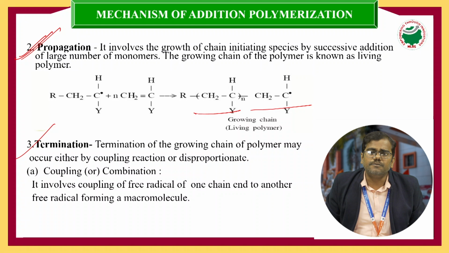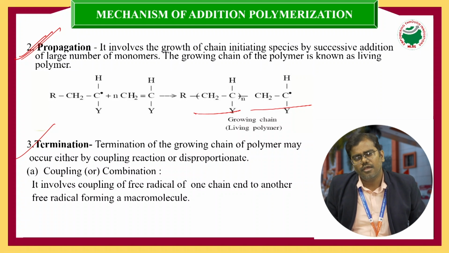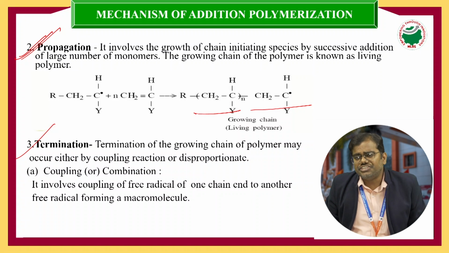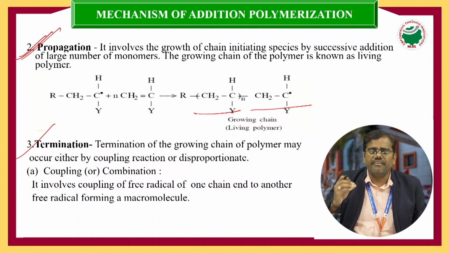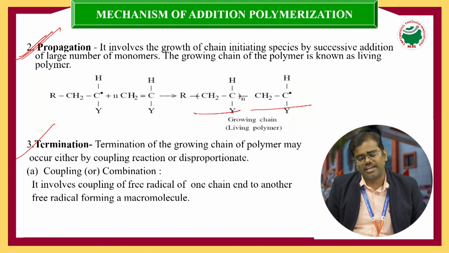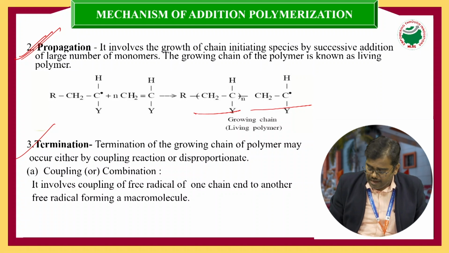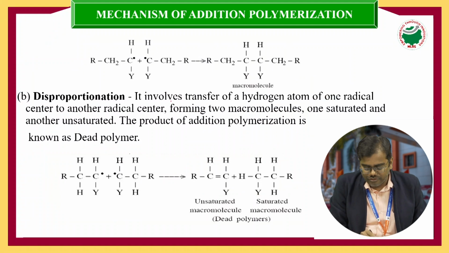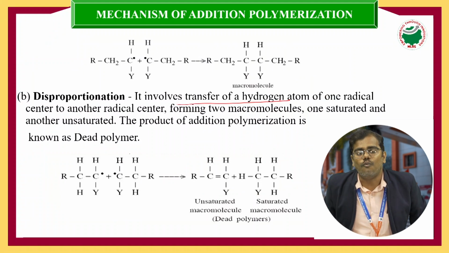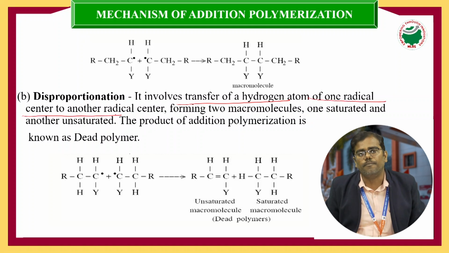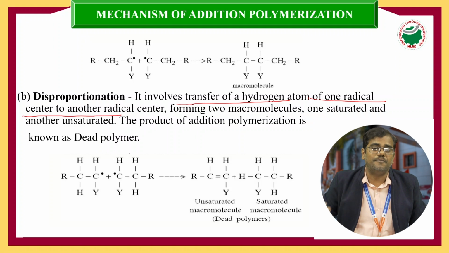The second one is the disproportionation reaction. What is meant by disproportionation reaction? You take a developed, growing chain initiating species. Disproportionation is the transfer of one hydrogen atom, one hydrogen free radical, from one chain initiating species to another chain initiating species.